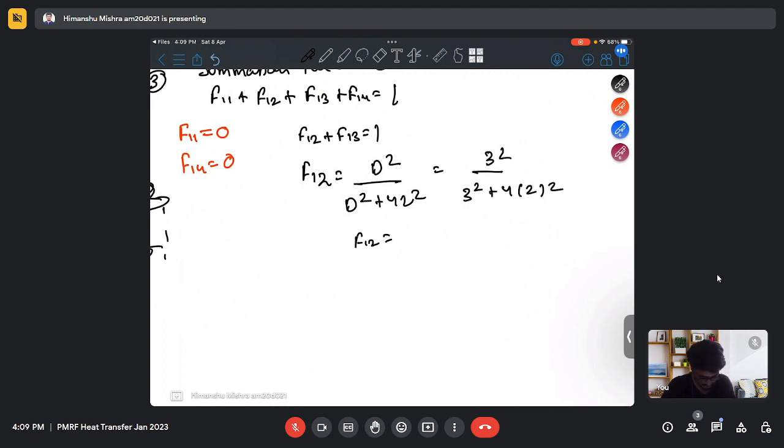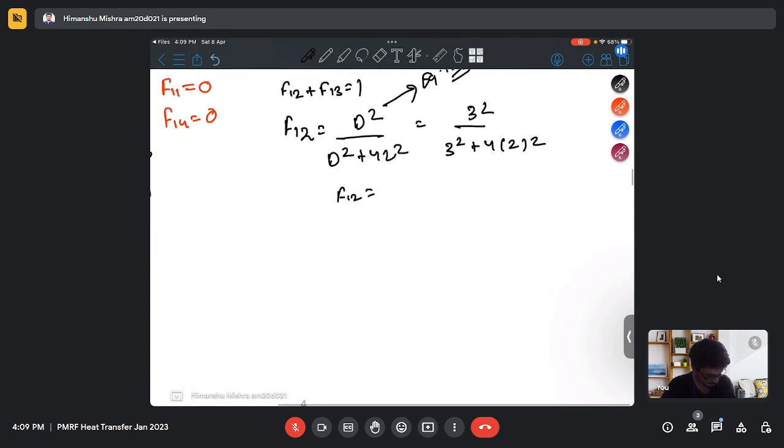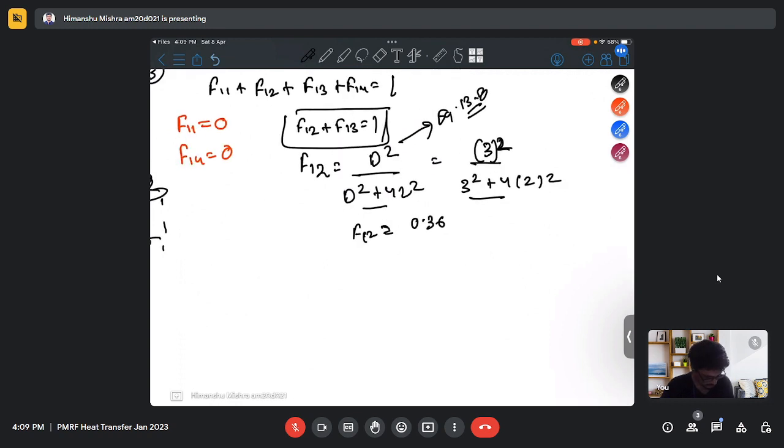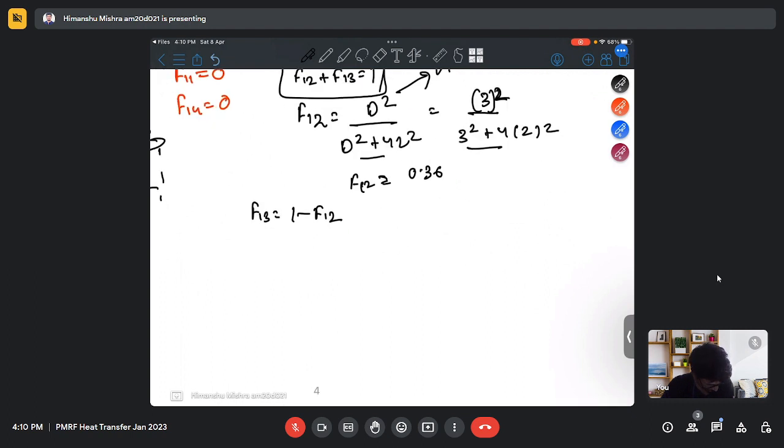On solving this, which you can also find in the same book in equation 13.8, my F12 will be 0.36. Then I can use the summation rule to find F13, which is 1 minus F12. So my F13 is 0.64.